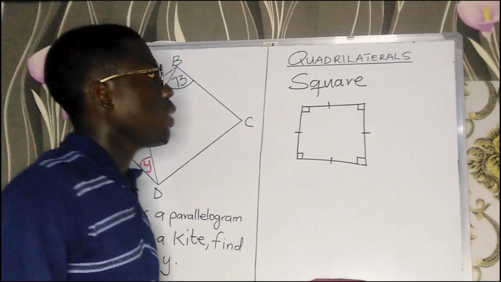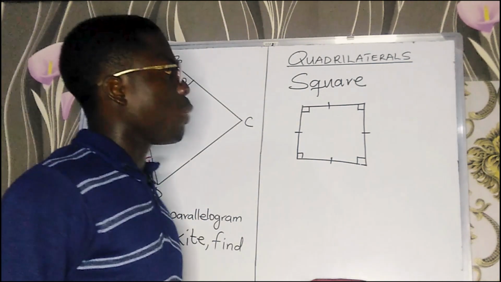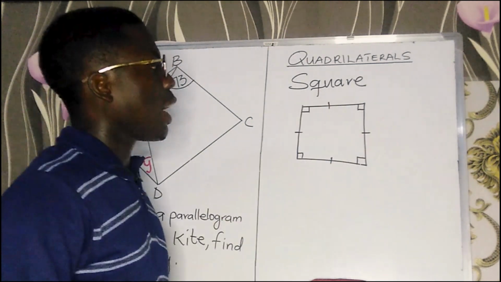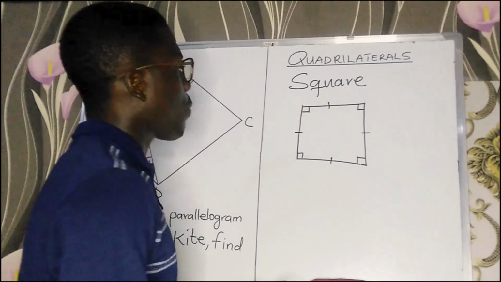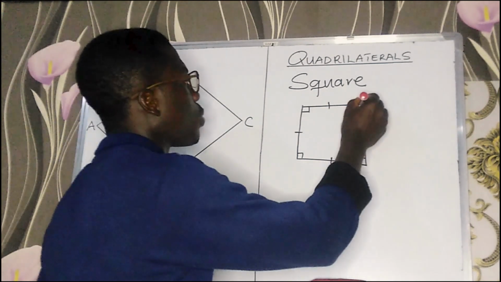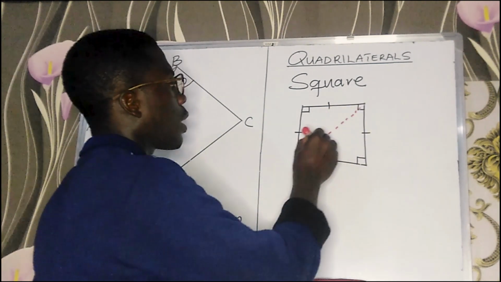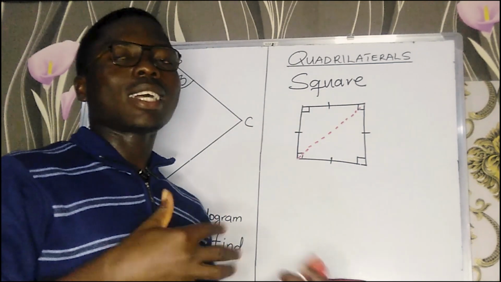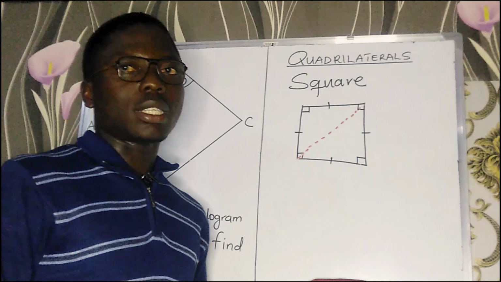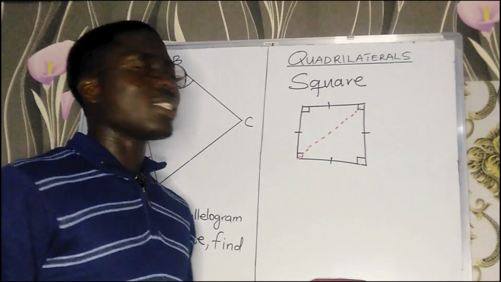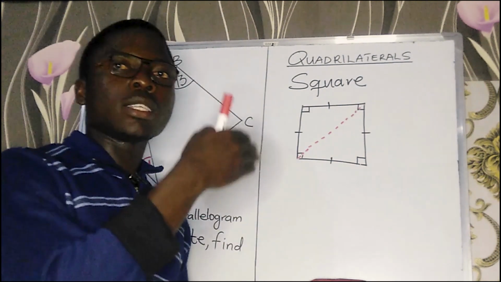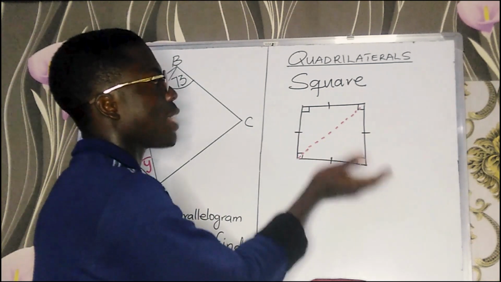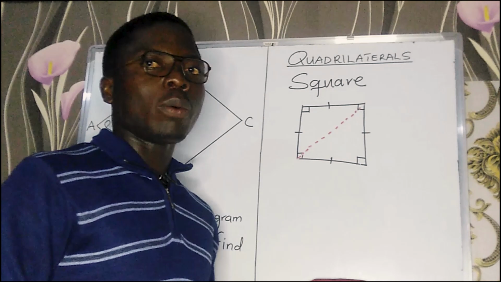Now, how many lines of symmetry do we have in here? We have all sides equal. Of course, in our previous video, we discussed what a line of symmetry is. We said a line of symmetry is a line that divides a diagram in a way that we can fold one half exactly onto the other one.